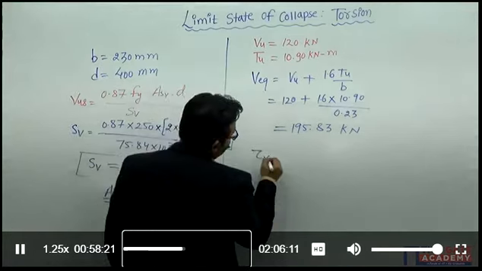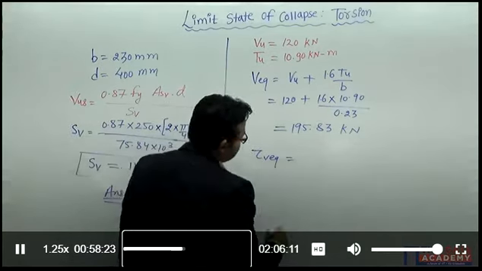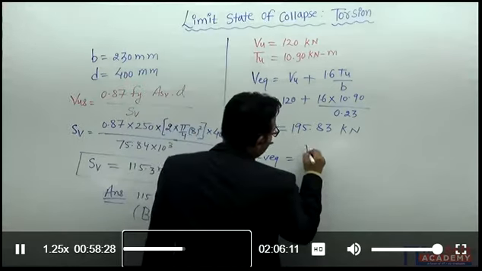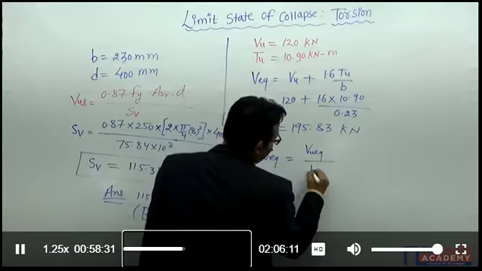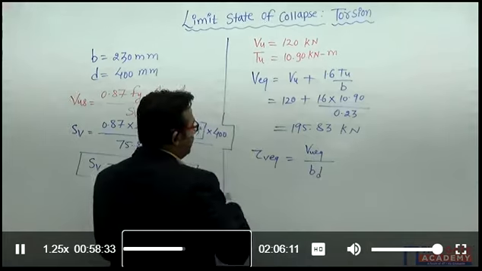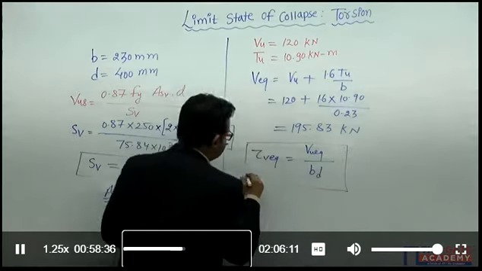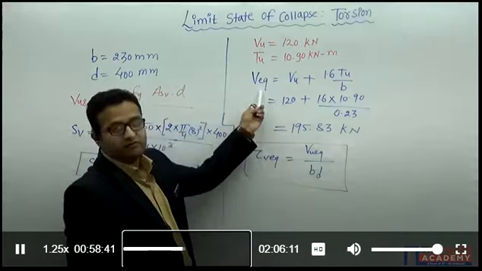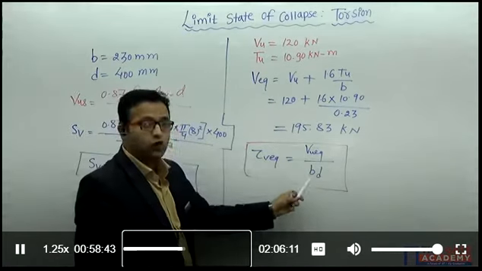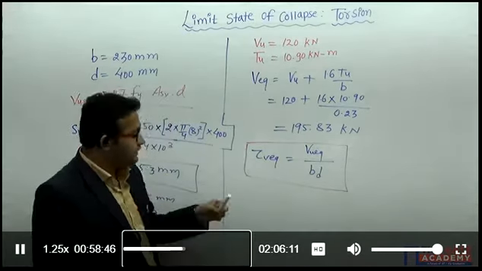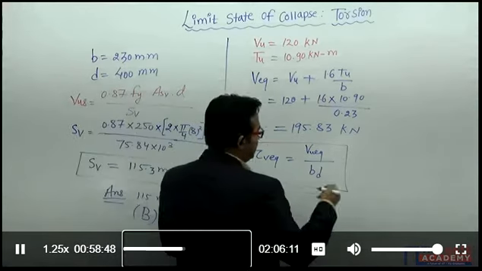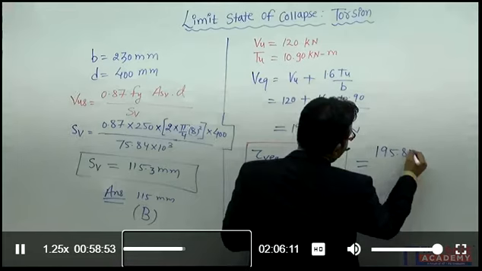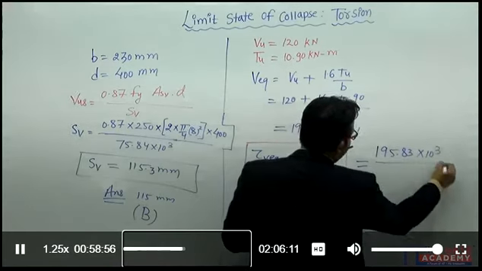Let's calculate the equivalent shear stresses. The equivalent shear stress is equal to Ve divided by bd. This is the formula to calculate equivalent shear stresses. I already calculated Ve. Here I can put d, I know. So I am able to calculate the equivalent shear stress in the beam, and it is equal to 195.83 into 10 to the power 3 divided by b.